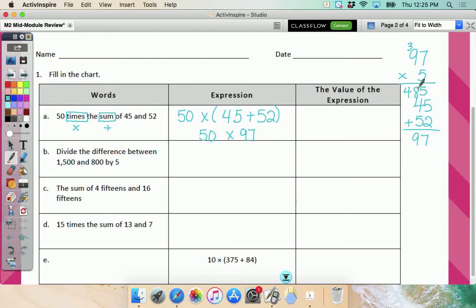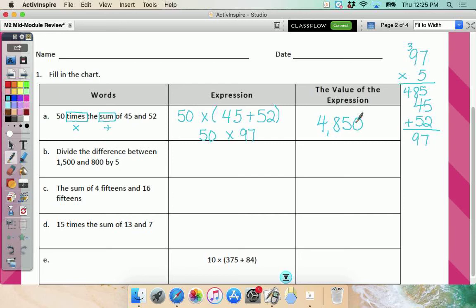What'd you get? 485, but if I put my 0 back on, very good. We're going to use that take the 0 off strategy quite a bit on this test.